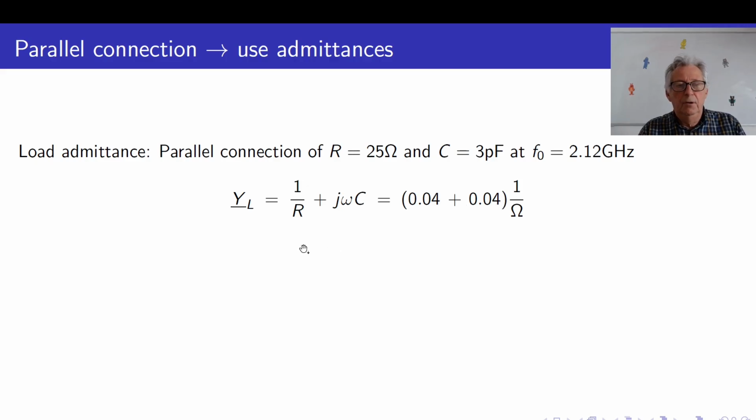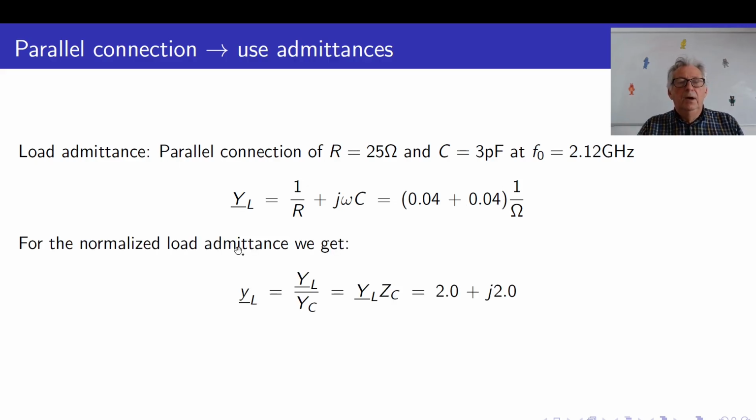Sorry, here the j was missing. But if I now normalize the load admittance, we get the small y, which will be the capital Y divided by YC, the characteristic admittance of the transmission line, which will be YL times ZC. And this will result now in 2 plus j2.